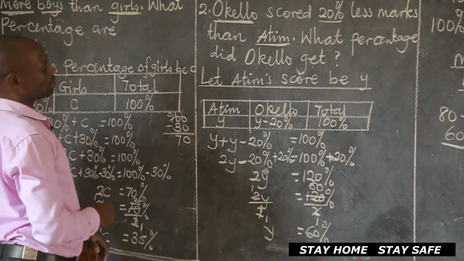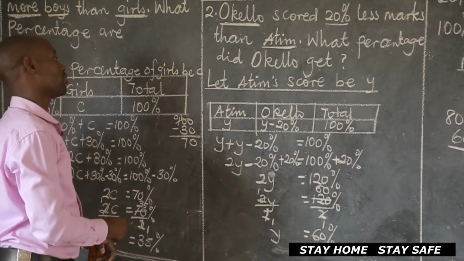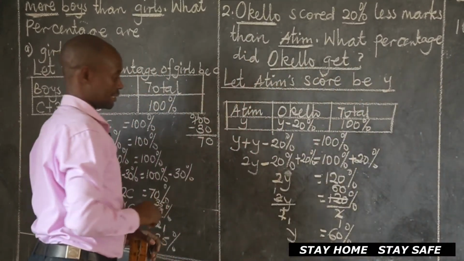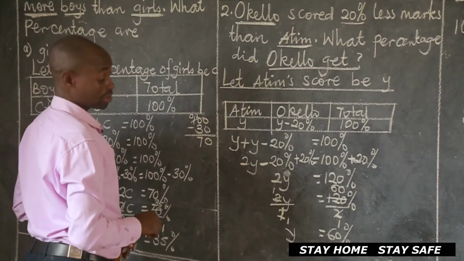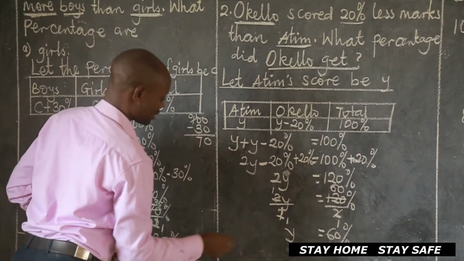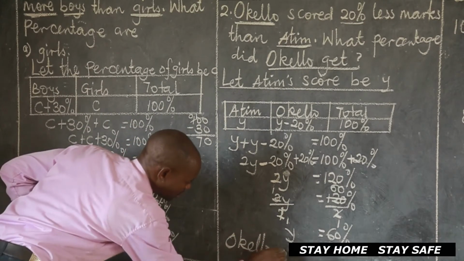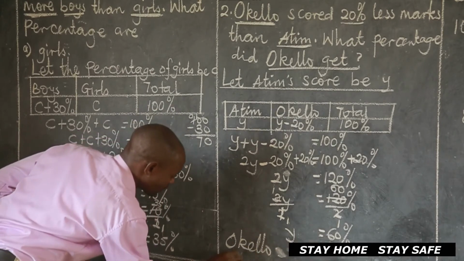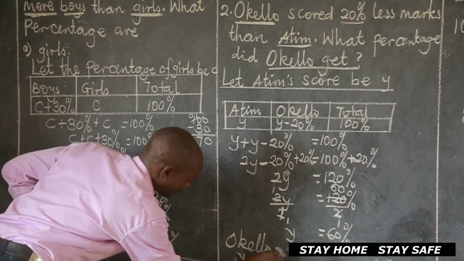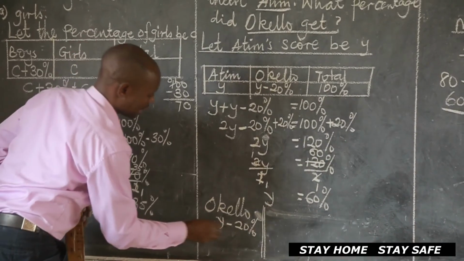So having got this one, you don't need to just underline. You are supposed to know what you are looking for. So the question says, what percentage did Okero get? Go back to the table. What is representing Okero? Okero is represented by Y take away 20%. And Y is 60%.